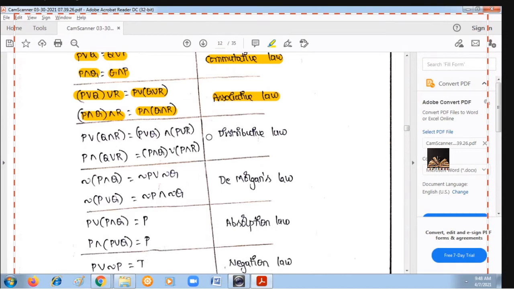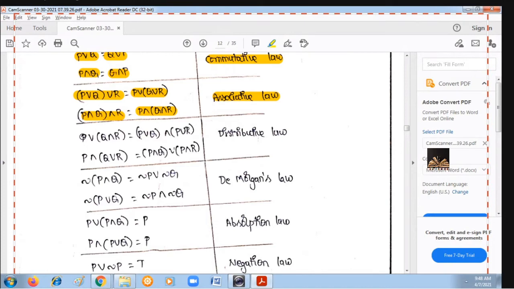Next, distributive law means P or Q and R. Here, I can distribute this. So when you observe these two laws, associative law and distributive law, you may get confused when to apply associative law, when to apply distributive law.